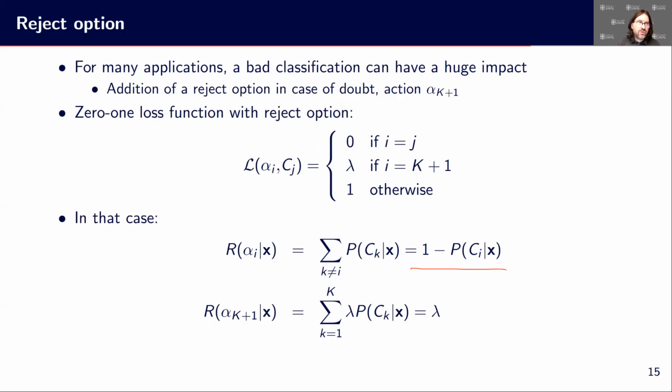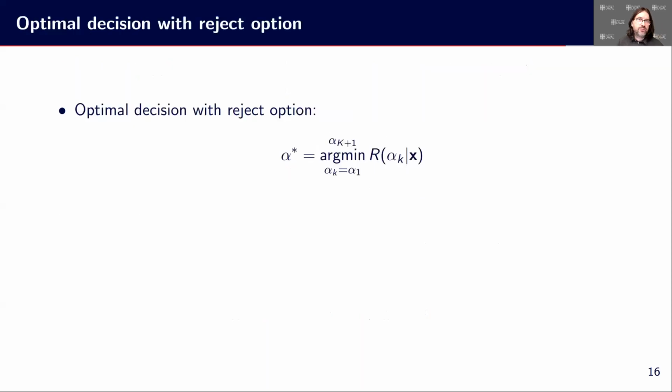Then we have the risk for rejecting, which is equivalent basically to lambda, because we are summing over all the k's: the sum of P(C_k given x) from 1 to K is equal to 1. So it's always times lambda, and basically it boils down to lambda. This gives us the risk for the two cases of classifying or rejecting.